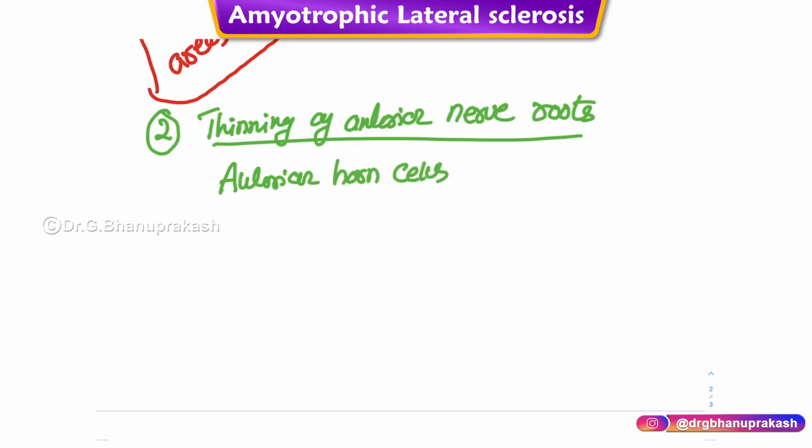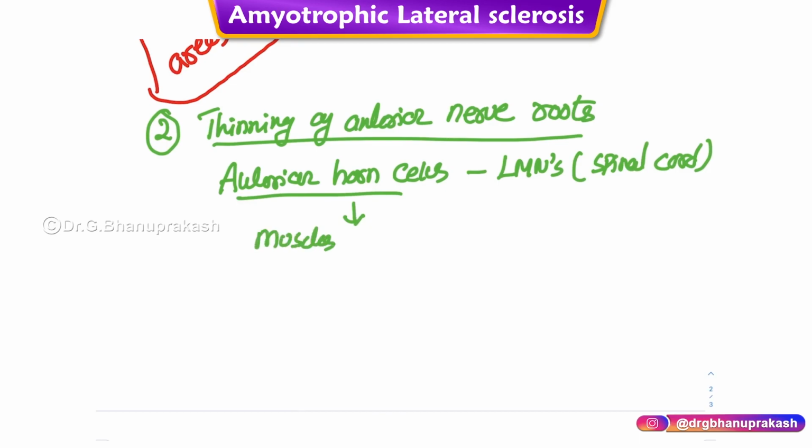So what are the anterior horn cells? These are nothing but lower motor neurons in the spinal cord. And these anterior horn cells give direct nerve supply to the muscles of the arms, legs, and also paraspinal muscles.